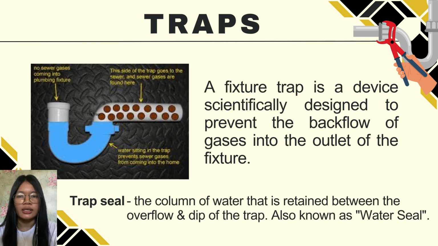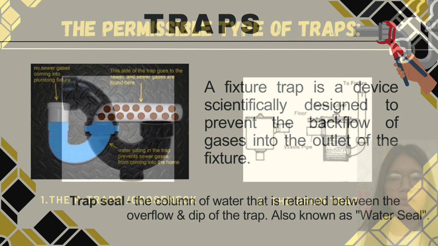Since gases like methane and hydrogen sulfide can be harmful and unpleasant, it is important to periodically check and maintain the trap seal to ensure that they are functioning properly. Because if the water seal evaporates or if there are leaks in the trap, it can compromise the effectiveness of the water seal and the gases can enter.